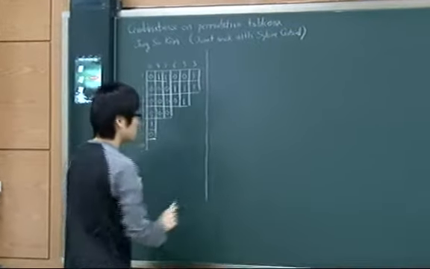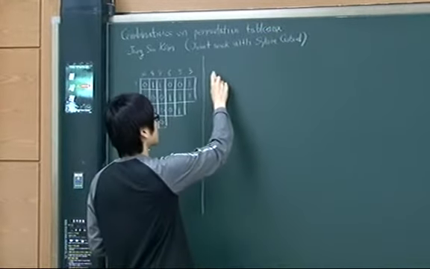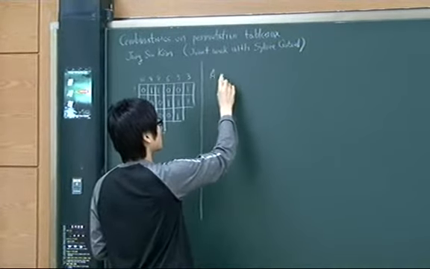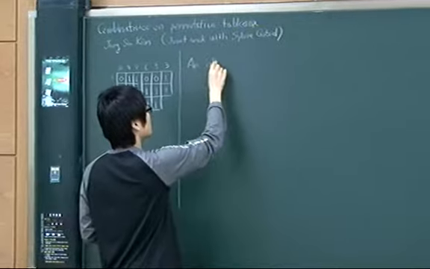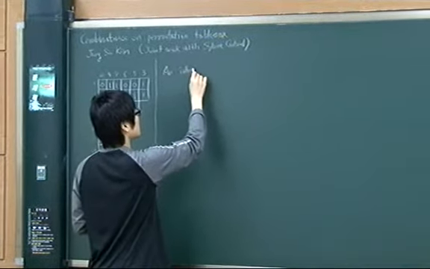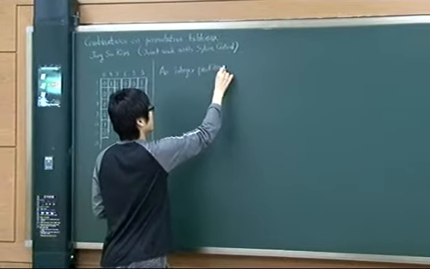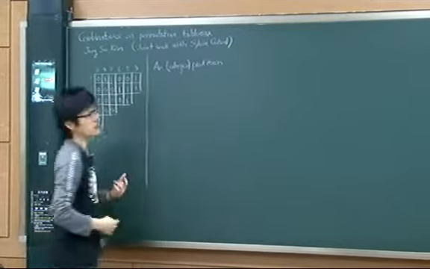To define a permutation tableau, we need to first define a partition. An integer partition is a weakly decreasing sequence of non-negative integers, or we sometimes will omit this integer.